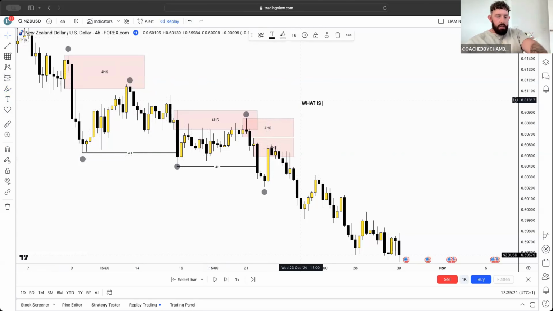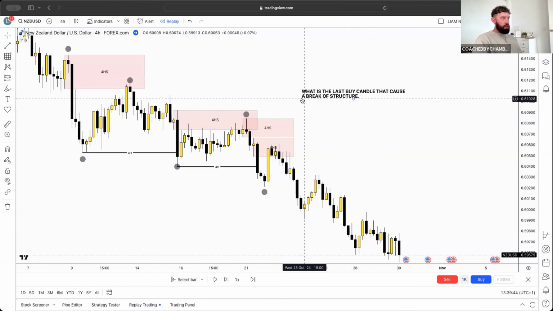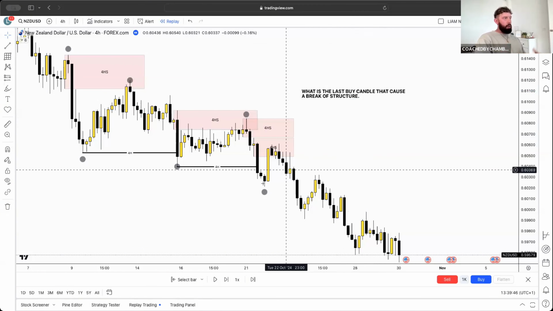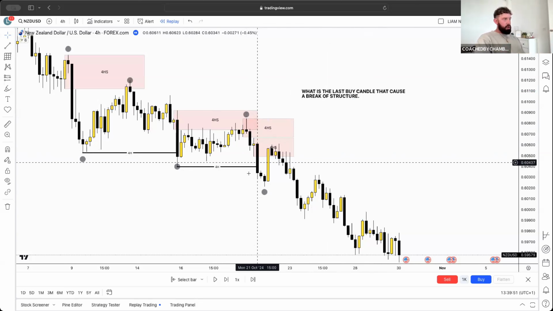What is the last buy candle, obviously for a supply, that caused the break of structure, or we can say caused a new lower low? Well, this is the last buy candle, and this is the last buy candle that caused the new lower low.